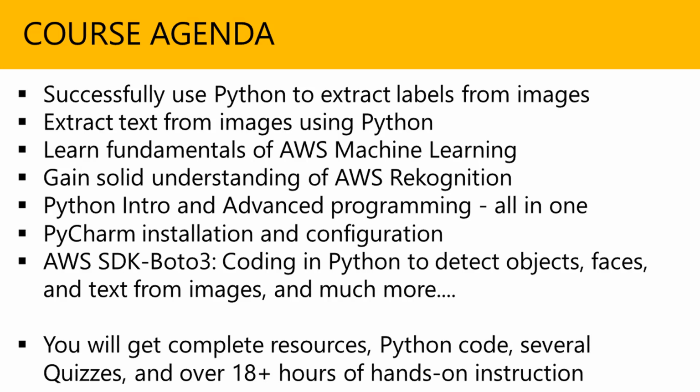As a bonus, I'm also going to cover Python Introduction and Python Advanced Programming course, all in one. You will also learn PyCharm installation and configuration, using Boto3, the AWS SDK, coding in Python to detect objects, faces, and text from images, and much more.